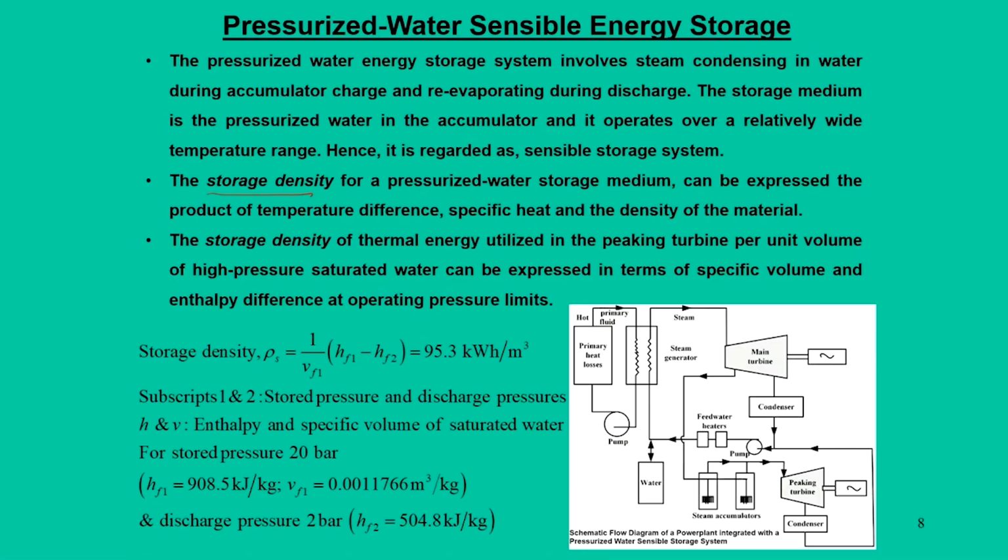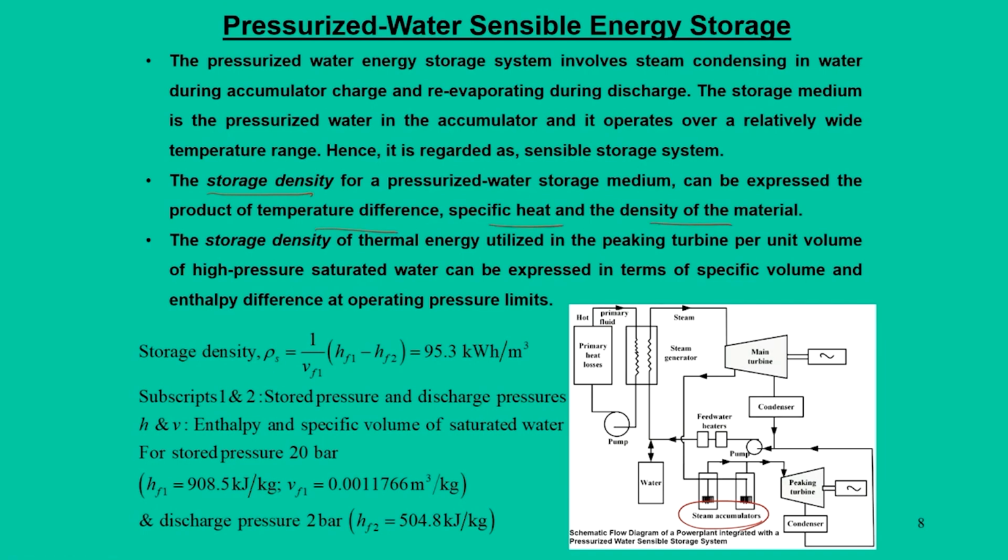What we see is that the steam accumulator is made out of steel, and whatever heat gets stored in the steam is supposed to get conducted out of this accumulator through this wall, and the heat capacity of the wall is nothing but this temperature difference, specific heat and density of the material.